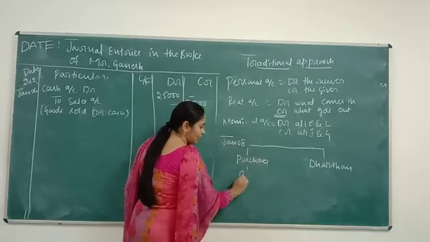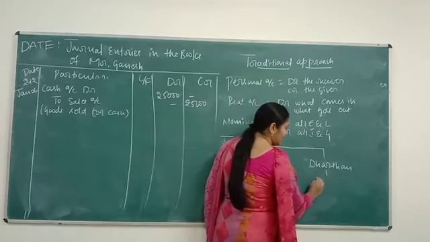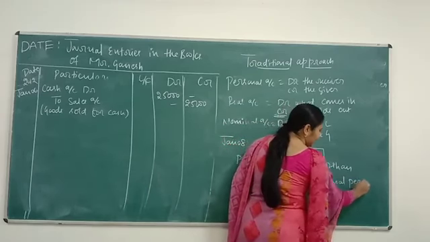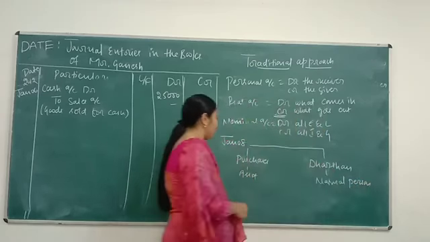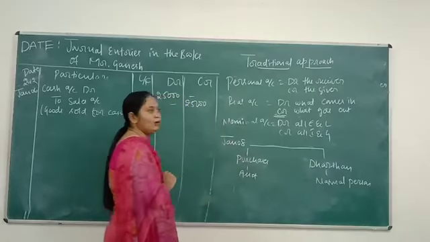Goods are an asset. Darshan is a natural person. When it is an asset, which account rule do I have to follow? Real account rule.